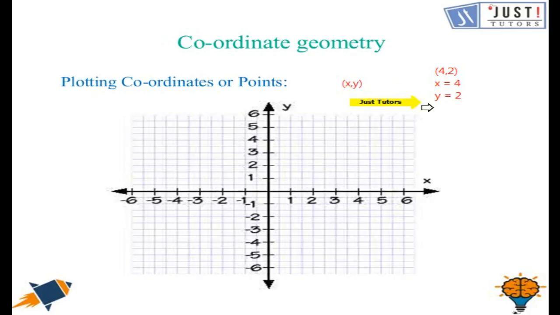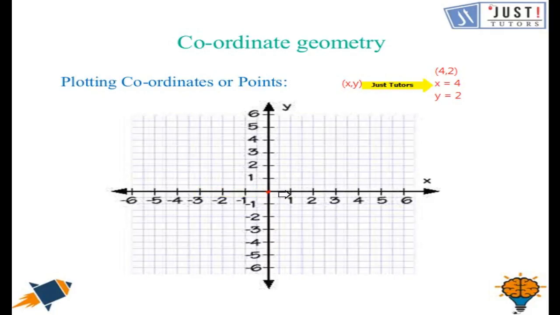While plotting any point, we need to follow certain steps, which I am going to describe here. The very first step is to place a dot at the origin, which is the intersection of the x and y axes. Now we move the dot from the origin 4 units to the right, since x is 4.